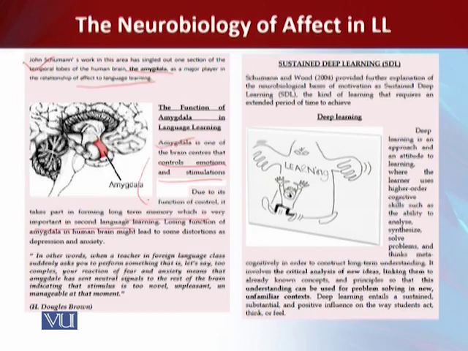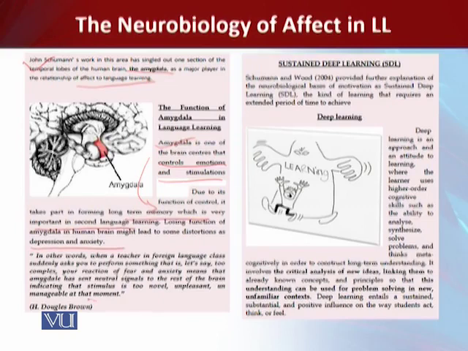The amygdala has a connection to memory, which is very important in second language learning. Losing function of the amygdala in the human brain might lead to some distortion, depression and anxiety. So that's the relationship one has to understand when we are talking about language learning.